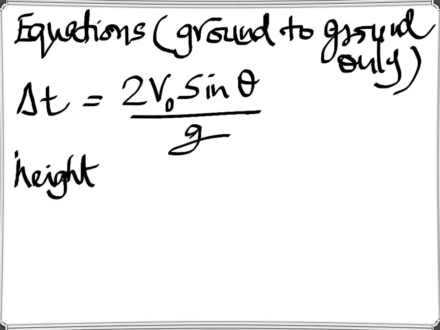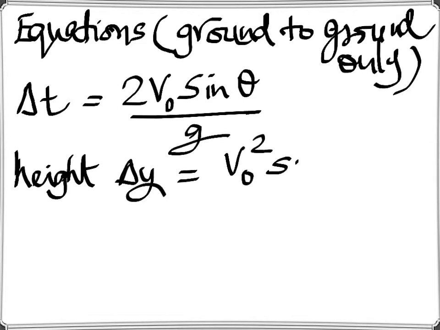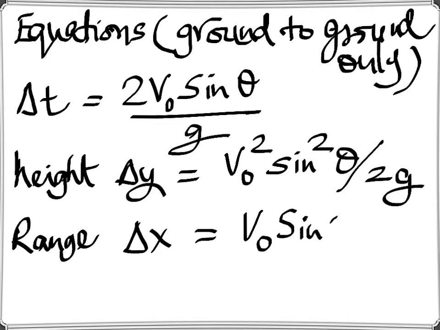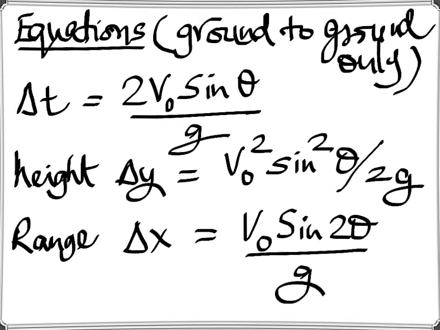For the maximum height, it is v0 squared sine squared theta by 2g. And for the range, which is displacement along the x-axis, it's v0 squared sine 2 theta by g.